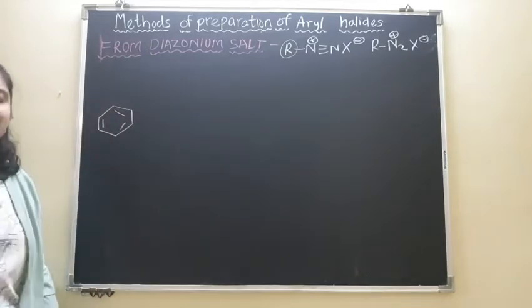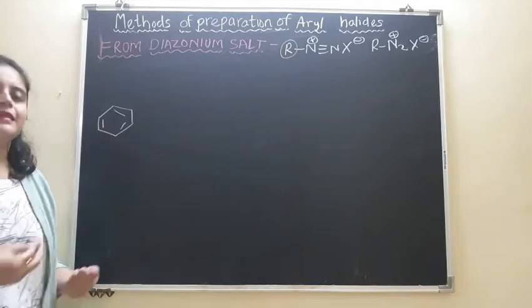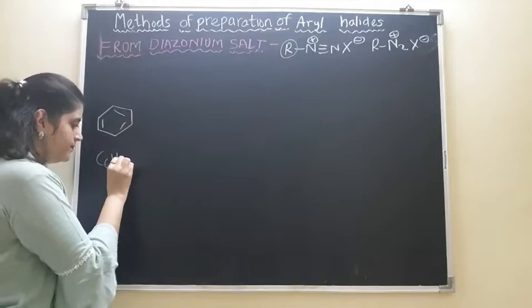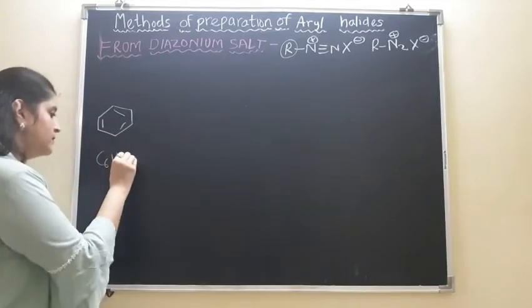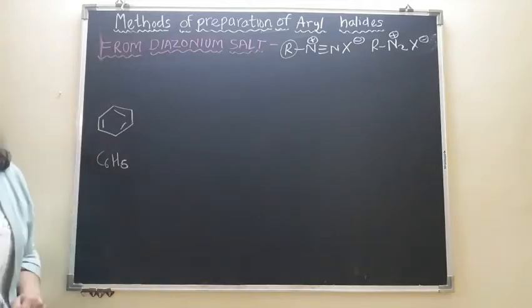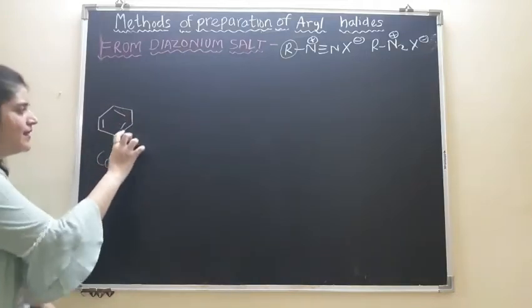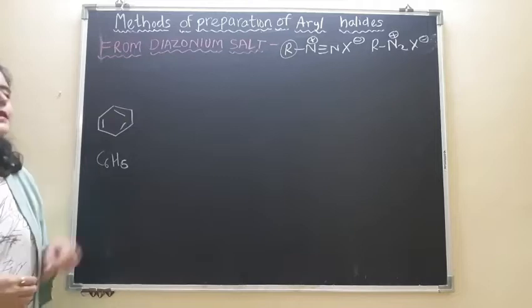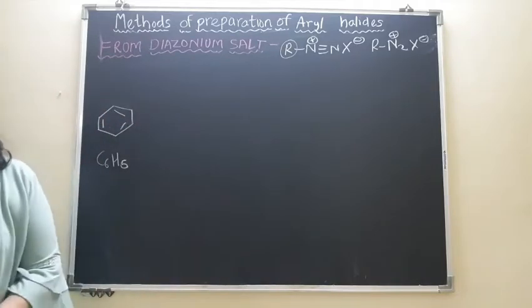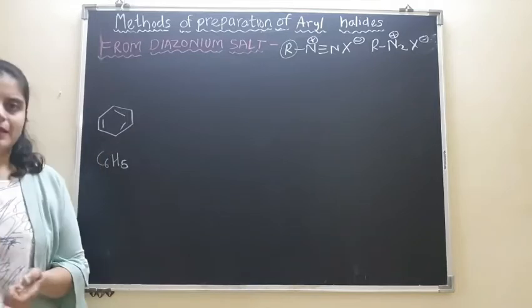This is our benzene with molecular formula C6H6, where this is the bond line formula of benzene, where there are 6 carbon atoms and 6 hydrogen atoms also present, which we do not show in the bond line formula, but they are present over there.